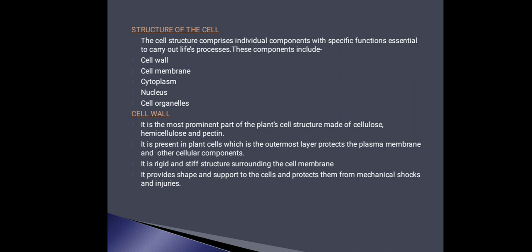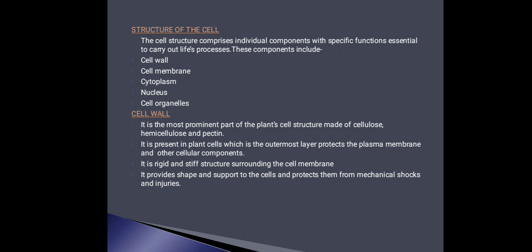Coming to the cell wall, it is the most prominent part of the cell. It maintains the cell structure, and the cell wall is made up of cellulose, hemicellulose and pectin, and it is present in plant cells and absent in animal cells.